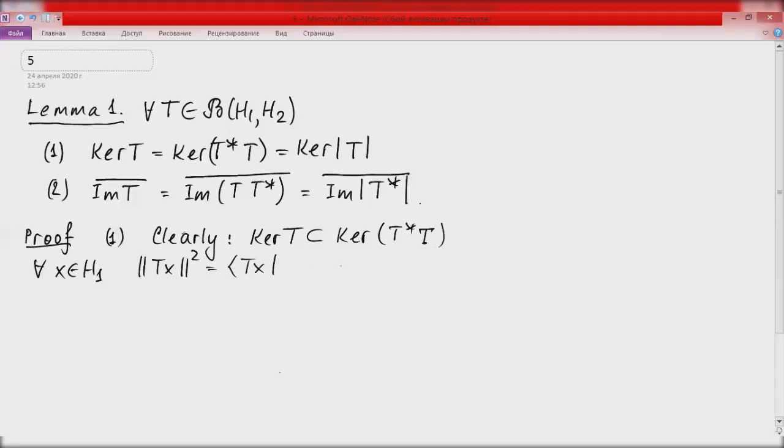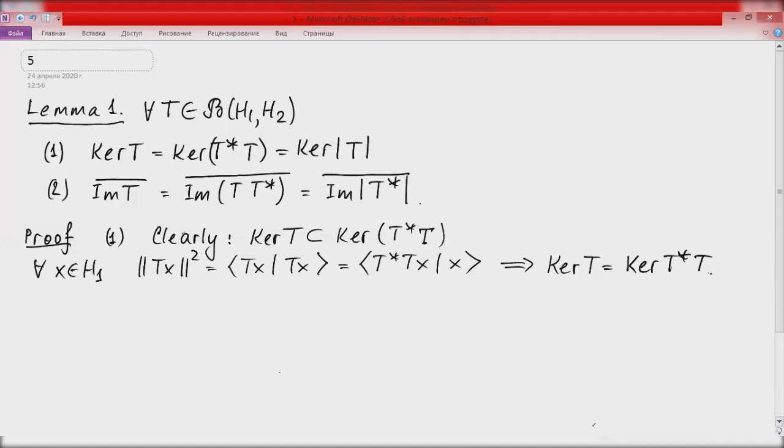And this is the inner product of T star Tx and x. And this equality implies that if T star T of x is 0, then T of x is also 0. So this implies that the kernel of T equals the kernel of T star T. So this proves the first equality.